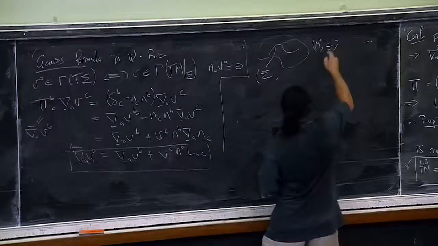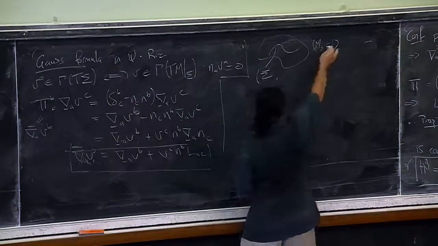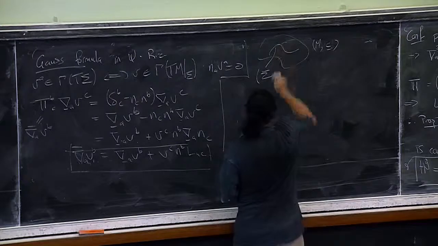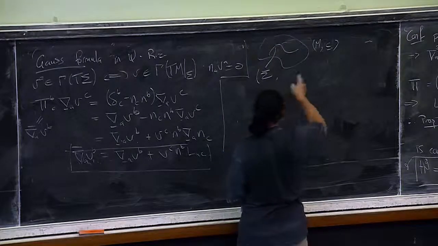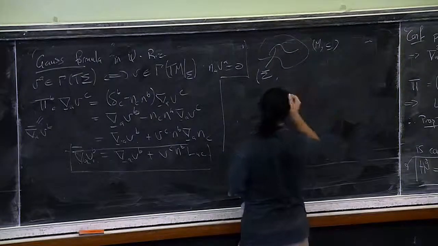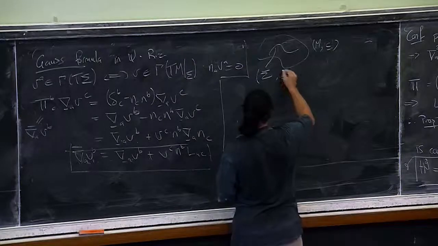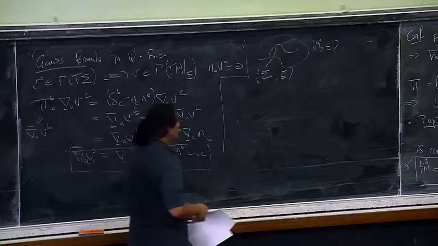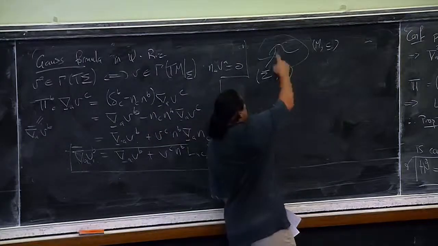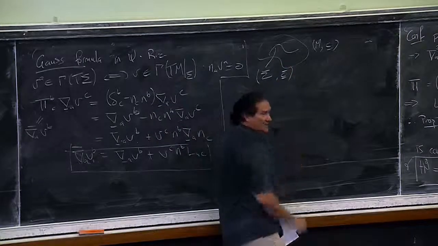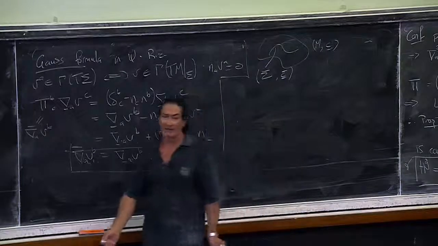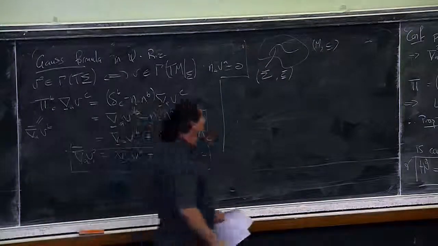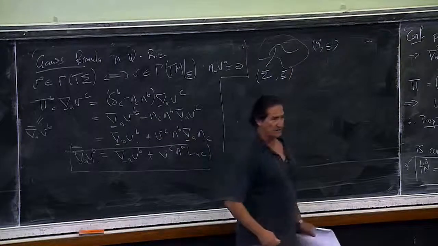Now it's true that each metric in the conformal class is going to induce a metric on sigma, and as you range over the different ones in the conformal structure, you'll get an induced conformal structure on sigma. So this induced conformal structure on sigma will have its own tractor calculus that it knows and loves, and the ambient structure has its own tractor calculus that it knows and loves.